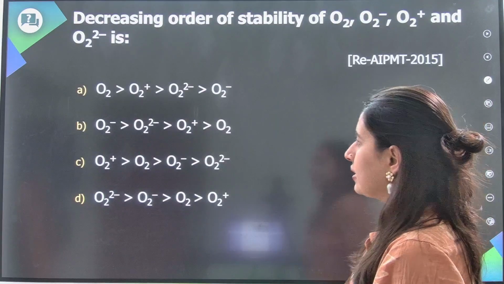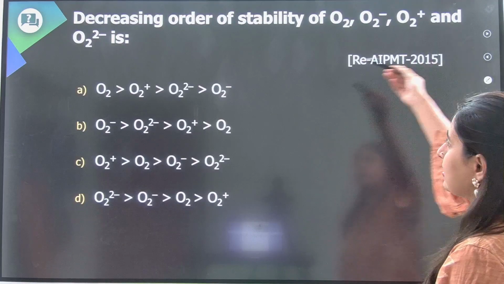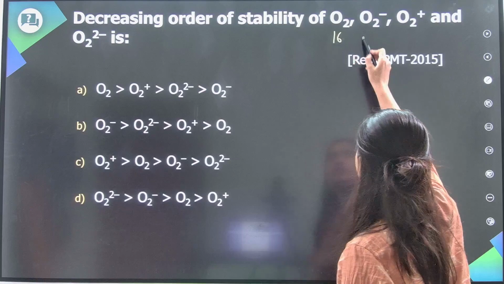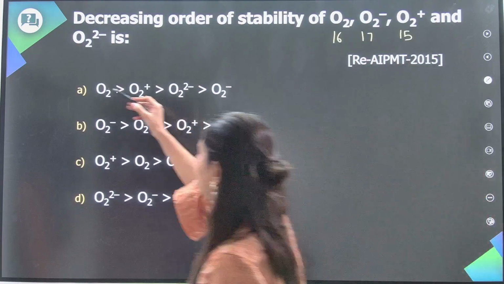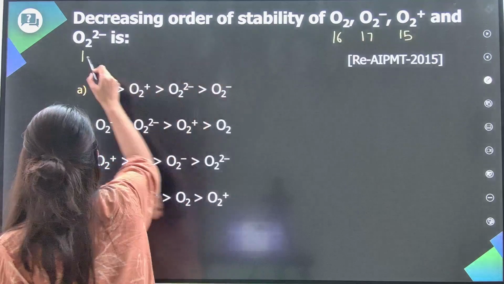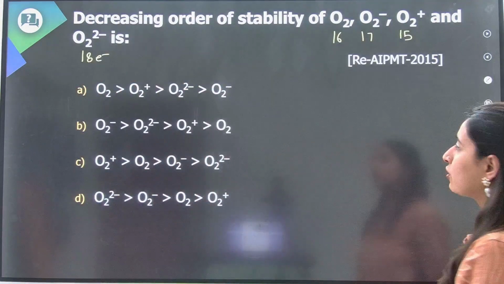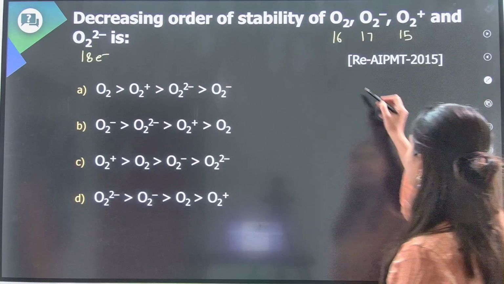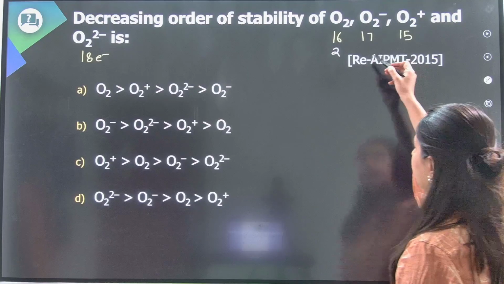Okay, so this is O2, O2 2 minus, O2 minus, O2 plus. So we have a 16 electron system, 17 electron system, 15 electron system, and we have an 18 electron system. The same species now with respect to the stability we are asking. So we just did the trick. This was 2 and then as we were proceeding, it was decreasing.